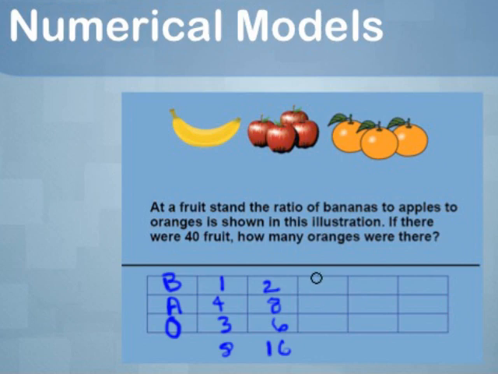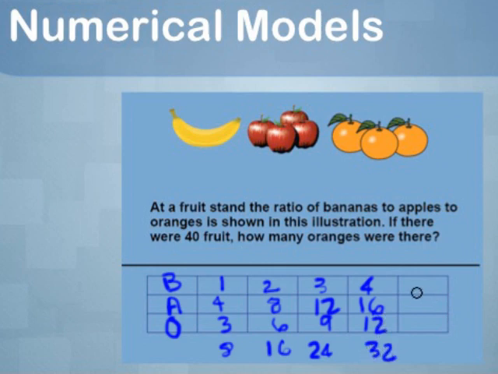The next column has 3, 12, and 9, for a total of 24. The next column has 4, 16, and 12, for a total of 32.